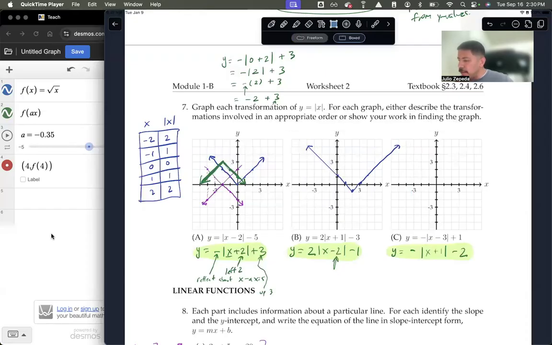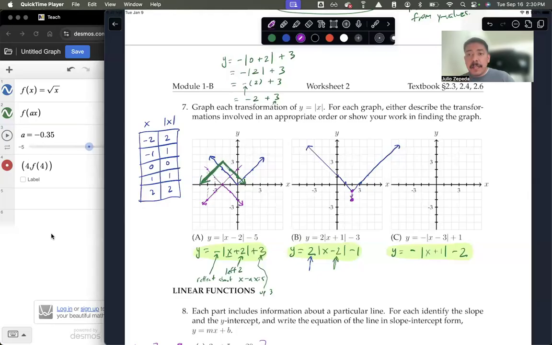And the only thing left to do is to stretch it vertically. And I've already messed up my own rule here. We can finish this problem actually. All we need to do now is stretch it vertically by a factor of 2. So let me graph this in purple to show this point down here.